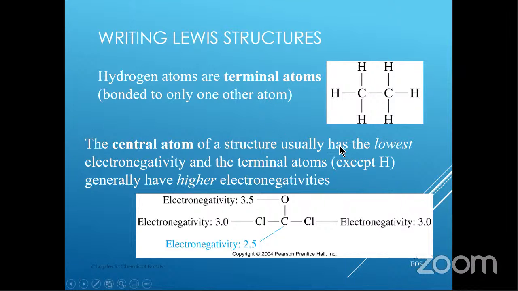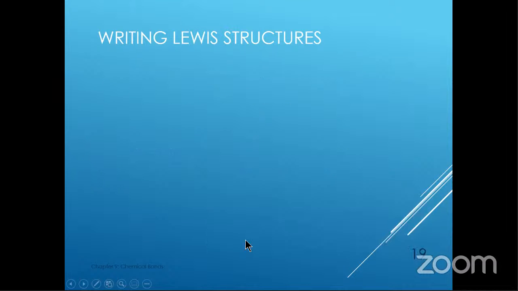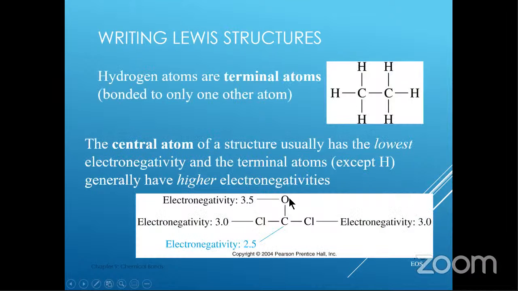The second thing I need to point out here is that the central atom of a Lewis structure usually has the lowest electronegativity, and the terminal atoms, excepting hydrogen, will generally have the higher electronegativity. So for example, in this structural arrangement for this particular molecule, you have the central carbon atom here, its electronegativity value is 2.5, and then it's surrounded by 3 other atoms whose electronegativities are greater.